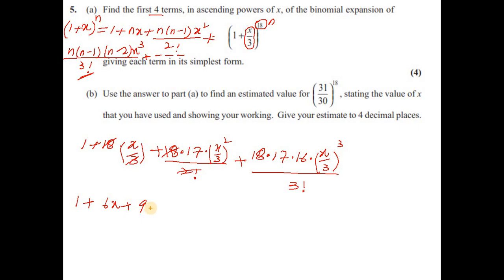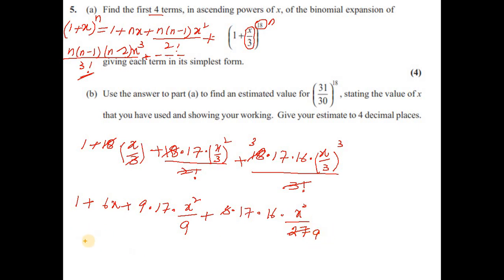So 9 times 17 times x square by 9, plus 3 factorial is 6. So 3 into 17 into 16 into x cube by 3 cube, and 3 cube is 27, and again 3 and 9.